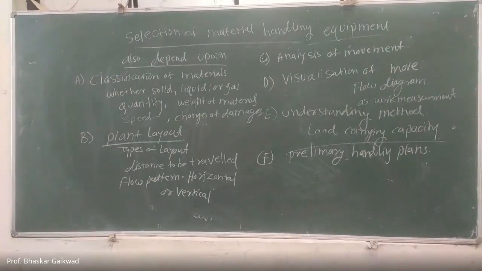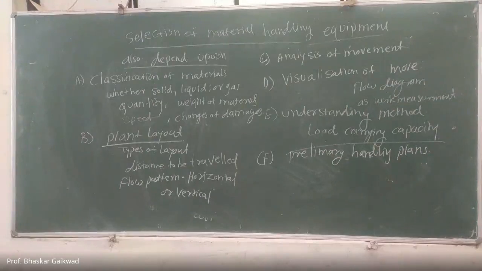Then in decision making, normally in industry, they make the study of that industry, and after that make the preliminary handling plans, along with a number of alternatives. So alternative plans you can also select here.